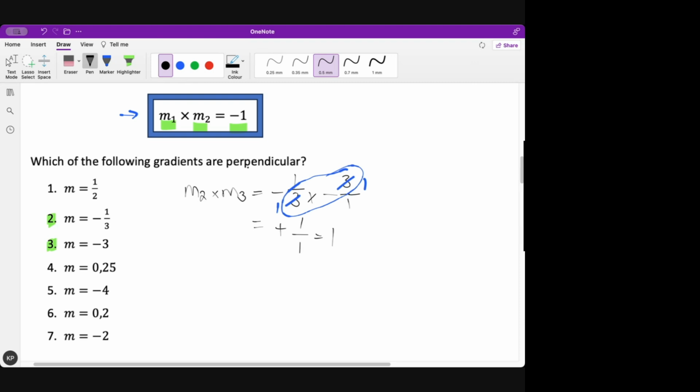So we're looking for 2 that are negative and positive. Great. And then we got our number, which is a 1. That tells me that my numerator for the first gradient has to be the same as the denominator for the second gradient. And only then will I get -1.